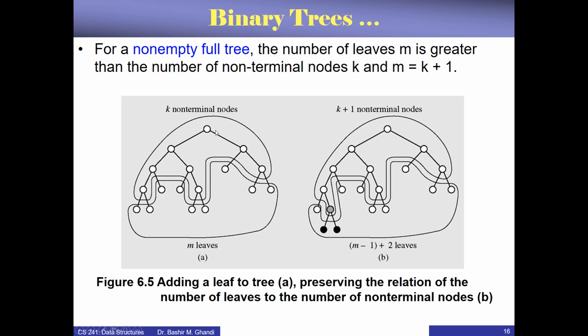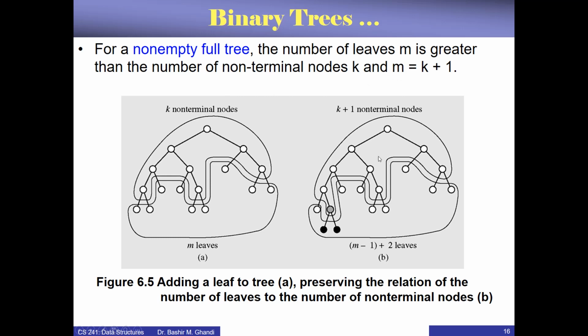So 8 non-leaves and 9 leaves. This is what this formula is saying, that for a non-empty full tree, the number of leaves, if you call it M, is greater than the number of non-leaves or non-terminal nodes, call it K, and the relationship is that M is K plus 1. If you add 1 to the number of non-leaves, then they will be equal to the number of leaves.